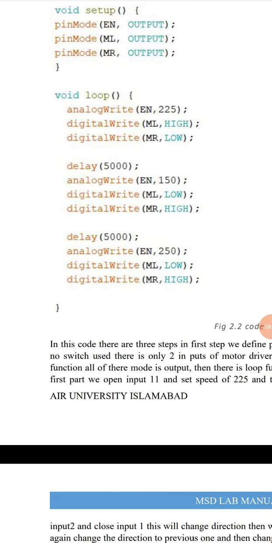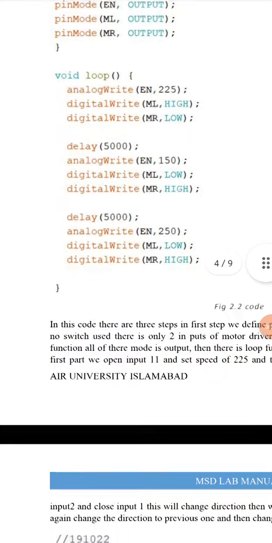Now it's speed control. We control the speed by the enable value, as you can see in the start we did 225, then 150, and then 250. This is decreasing and increasing, that means changing variable speeds.